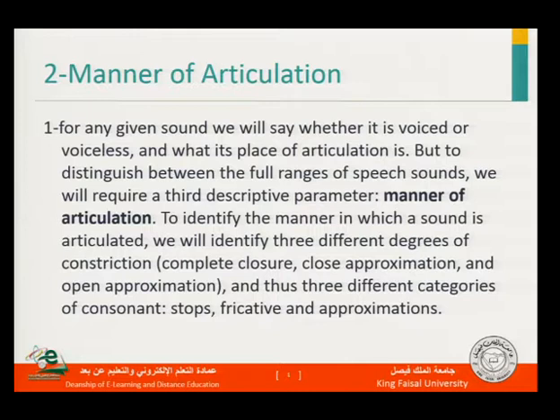But if I say Z, yes, the air is stopped a little bit, but it is allowed to go out. So this sound is called fricative, because the air is not completely stopped. If I say Z, it is fricative, or S, for example, or Sh, or J. All of these sounds are called fricative because the air is not completely stopped.